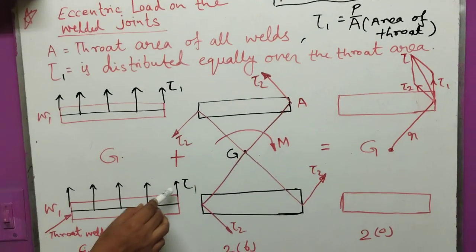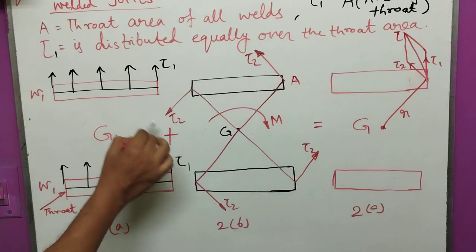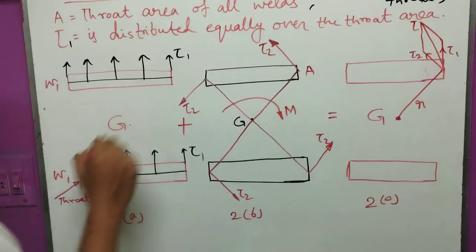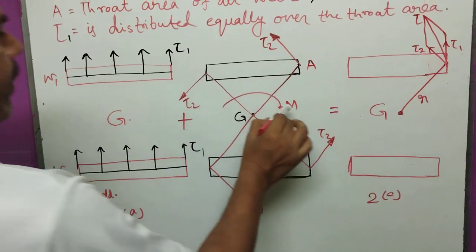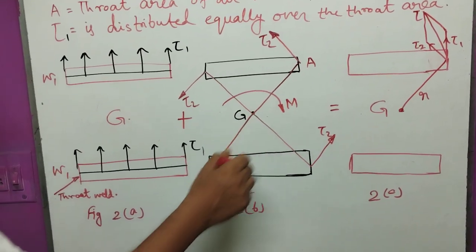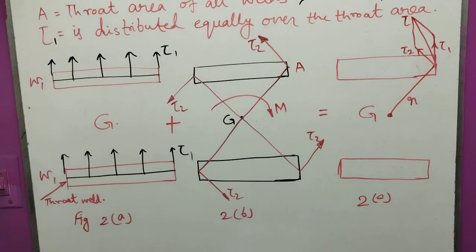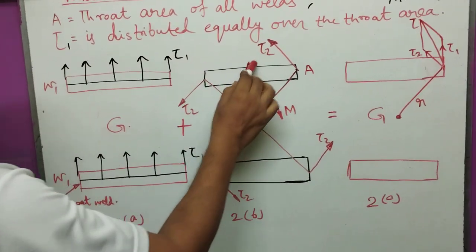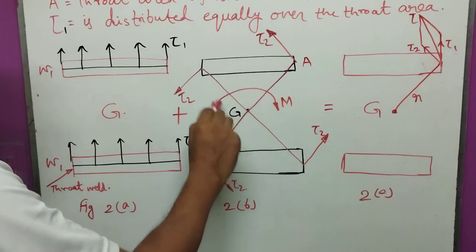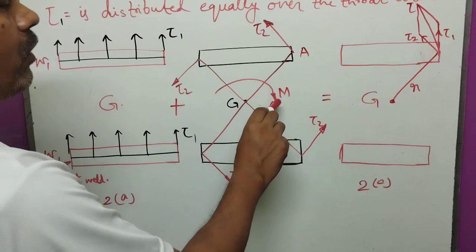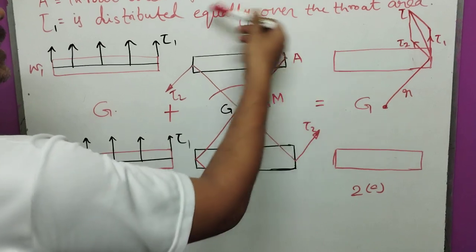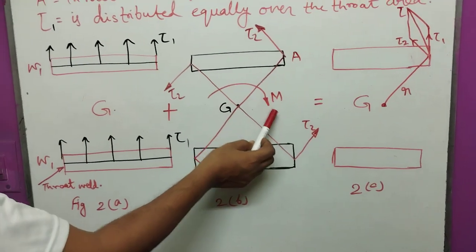Now the first calculation is from figure 2A. The tau is uniformly distributed along upward straight lines, as shown here, and the couple M applied at the center of gravity point will rotate the second plate B, which is welded to plate A. When the couple M tries to rotate it by torque moment, tau 2, the secondary shear stress, acts in the anticlockwise direction, balancing the couple.